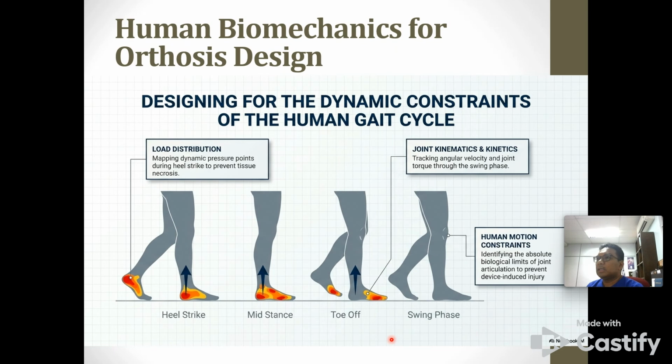Designing for the dynamic constraint of the human gait cycle. This is an example: when you are walking, there are four conditions.